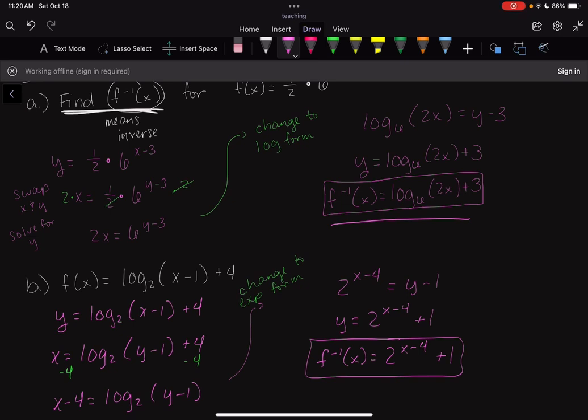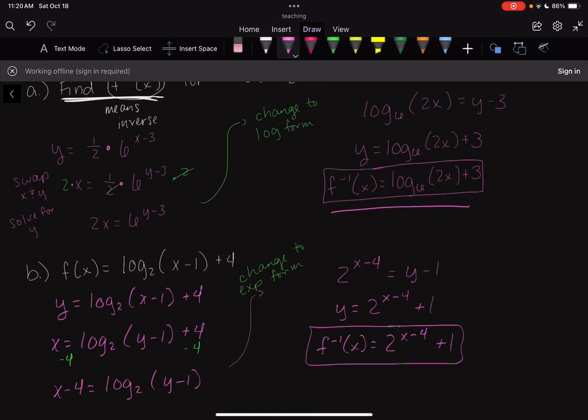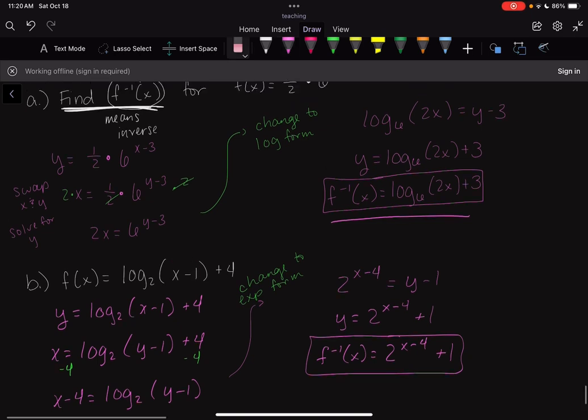Again, if you're still asking yourself that question, what even is a log? It's the inverse of an exponential. A lot of the time, it's used for the properties you see here. You move from log to exponential form most of the time to get stuff out of the parentheses.